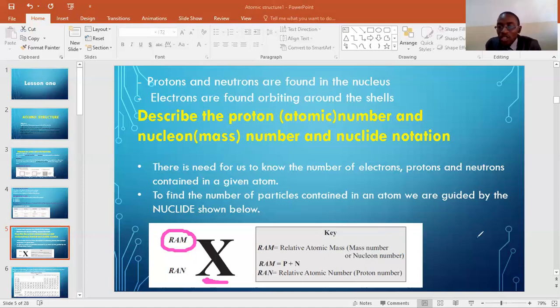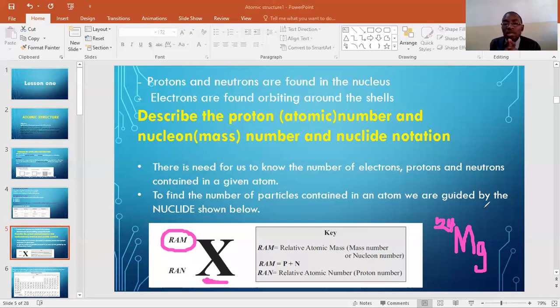Very soon we're going to look at the periodic table. When you go on the periodic table, you're going to find a symbol like this, Mg with a 24 on top. So this is a Nuclide notation.